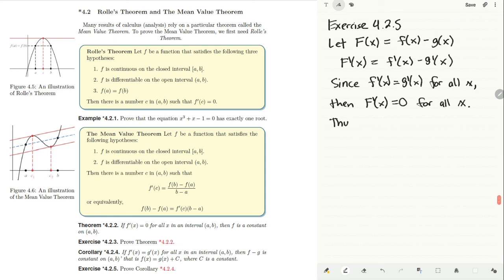And so by the theorem that we just proved, we know that F of x is a constant.